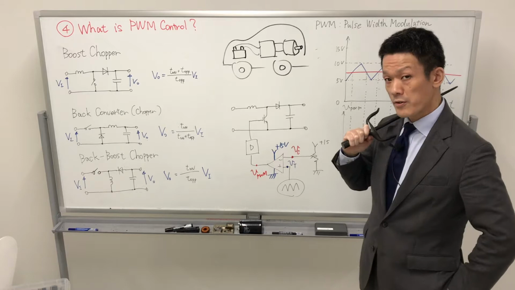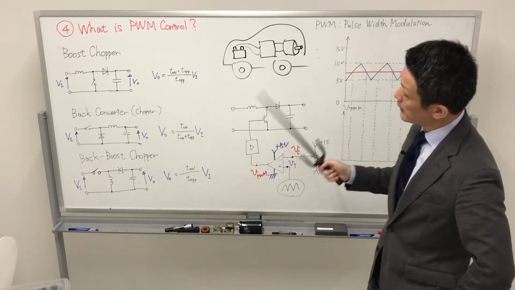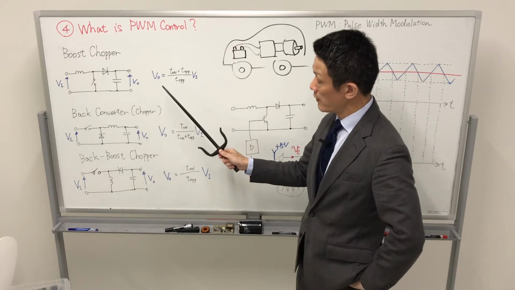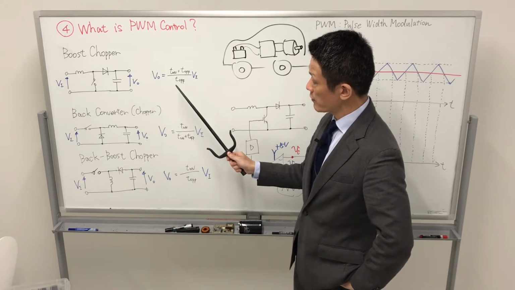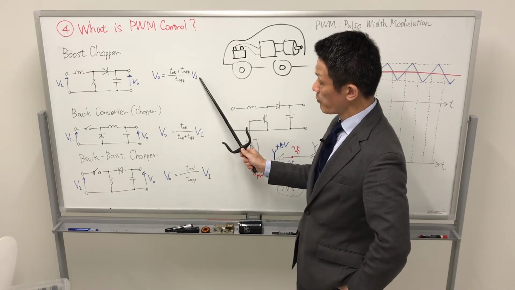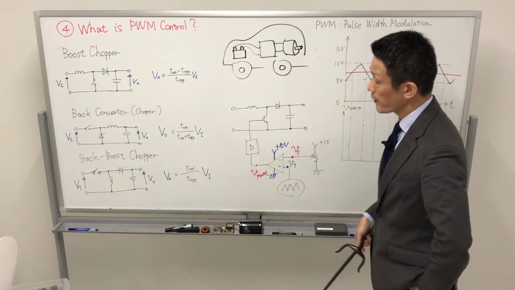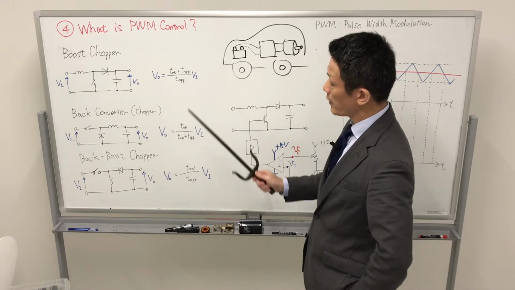In the last lecture, I mentioned the boost chopper, the relationship equation between the input voltage and output voltage. Can you calculate this equation?